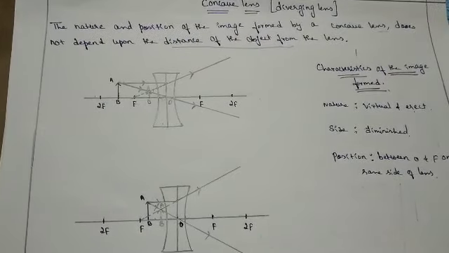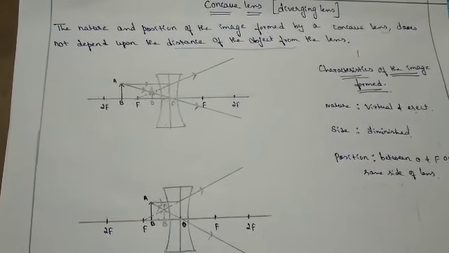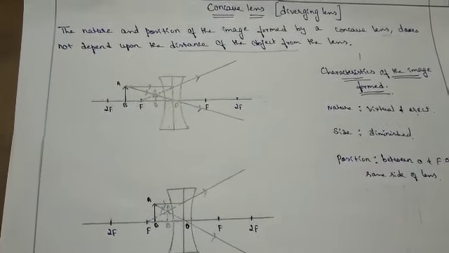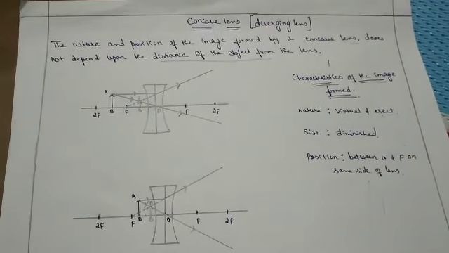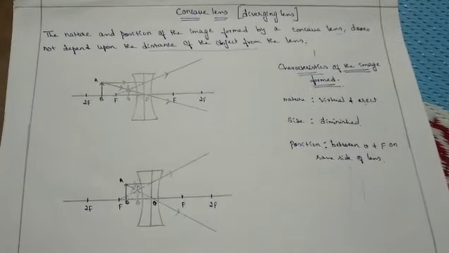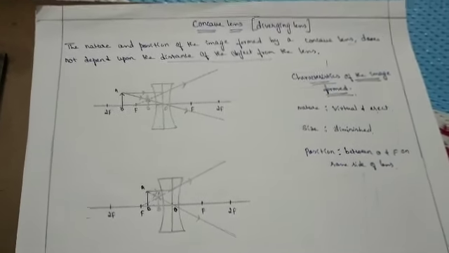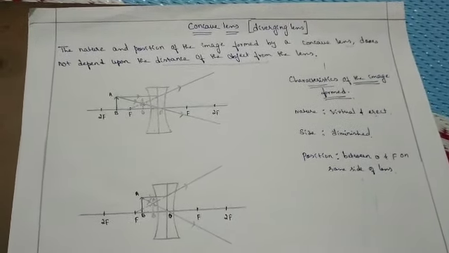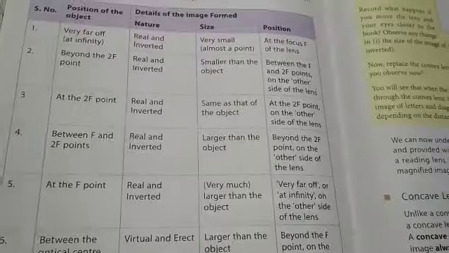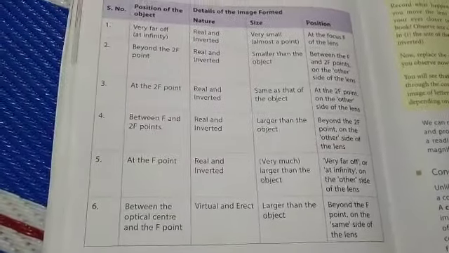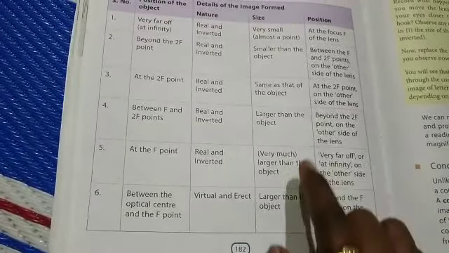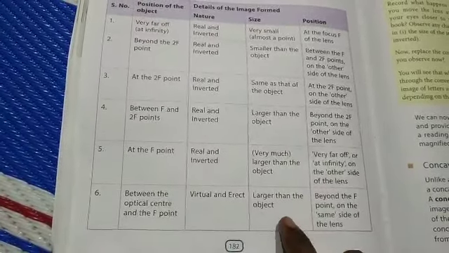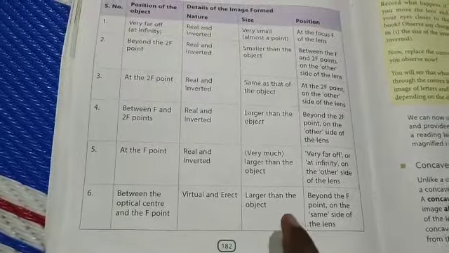So today's class completes the ray diagrams of the convex lens and also the concave lens. In the next class we'll discuss the uses of lenses. The ray diagrams of concave and convex lens, children, you have to do in the homework book. The table is given on page number 182 about the image formed by a convex lens.